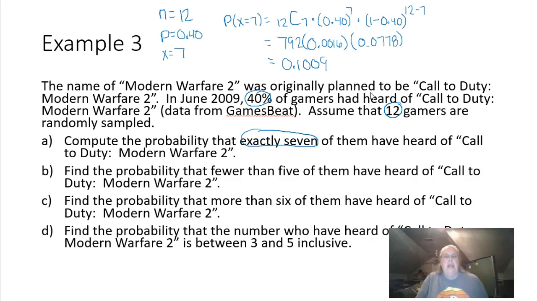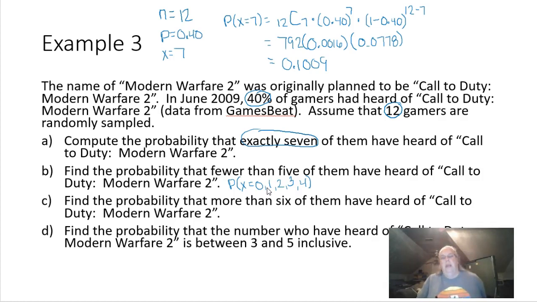Okay, part B. We're supposed to find the probability that fewer than 5 of them have heard of Call of Duty Modern Warfare 2. Okay, now let's remember what fewer than 5 means. That means we want the probability that X is going to be 0, 1, 2, 3, or 4. So I've got 5 numbers I can look up in my table and then I can add them together.